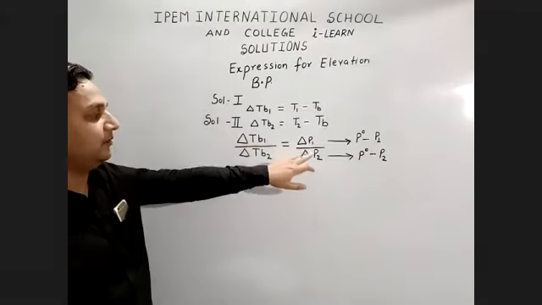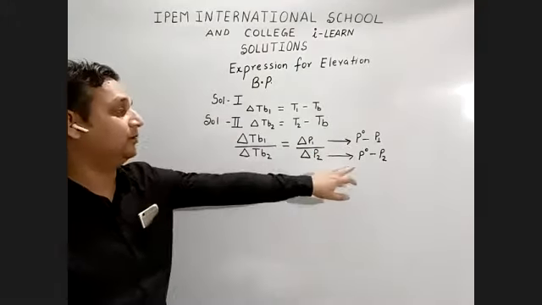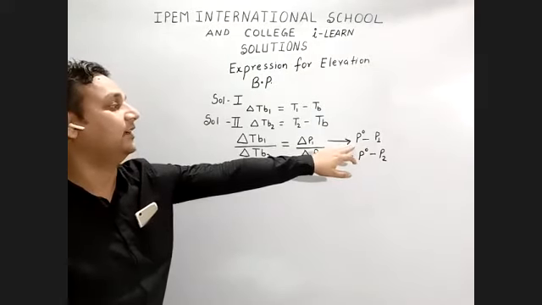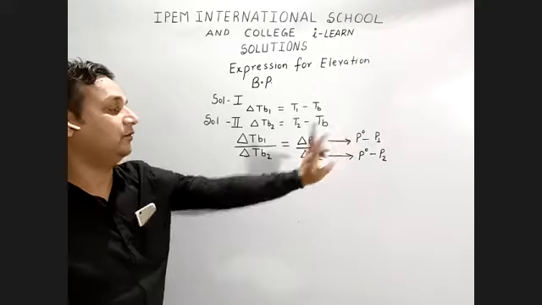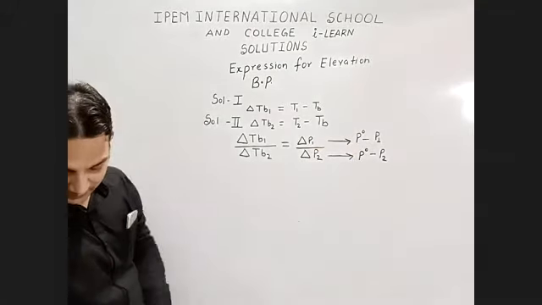And how did we get delta P1 and delta P2? We have P naught minus P1 and P naught minus P2. All these are the same things we have discussed in the graph. P naught is the vapor pressure of the pure solvent, P1 for solution 1, P2 for solution 2. All right.